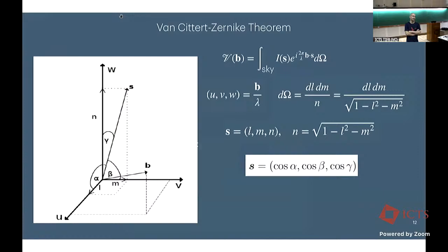If you have an array with many long and short baselines and extended emission, you need to be careful how you grid, how you taper, and how you assign your weights. There's a lot of influence on what the final image looks like. So it's a bit of trial and error. That's what you get a lot in interferometry: trial and error. What does the noise look like? You do need to be careful there.